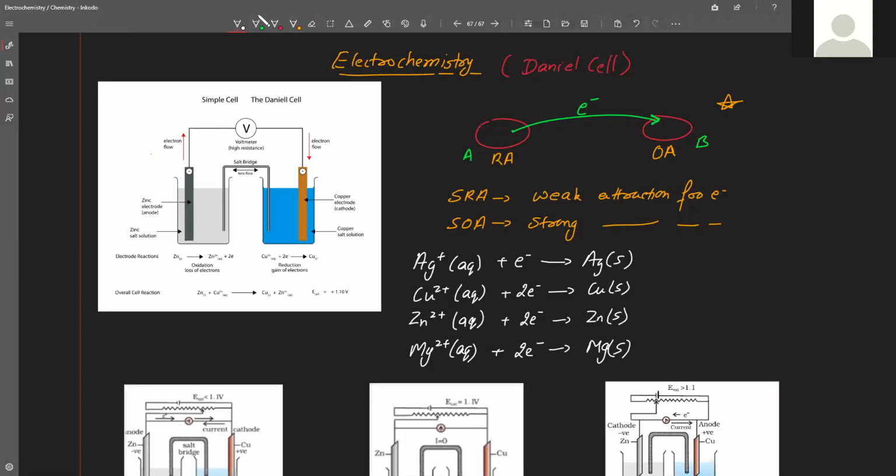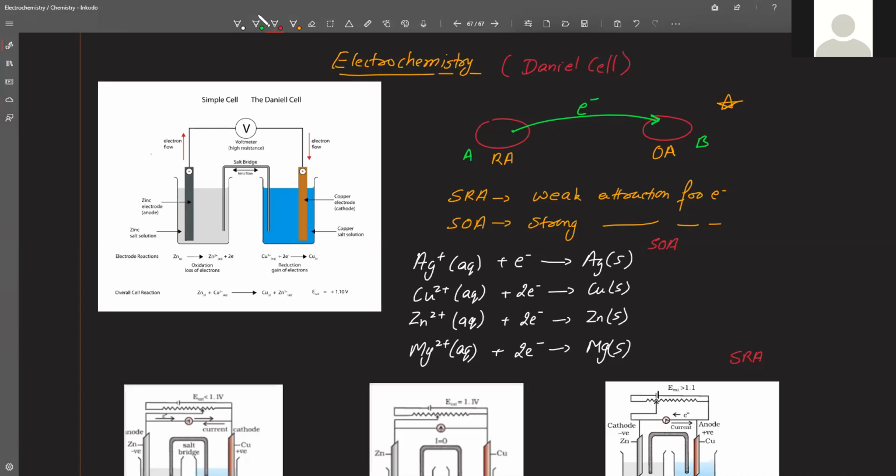The series is such that if you come from top to bottom, the top one is a strong oxidizing agent, and the bottom one is a strong reducing agent. This is how it is arranged in your table.